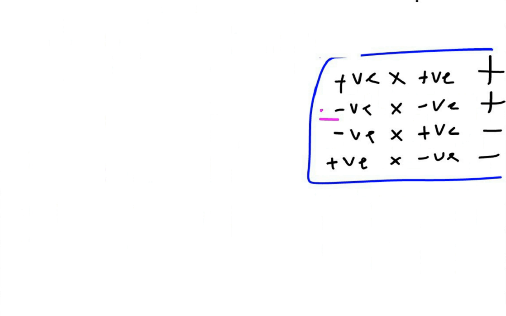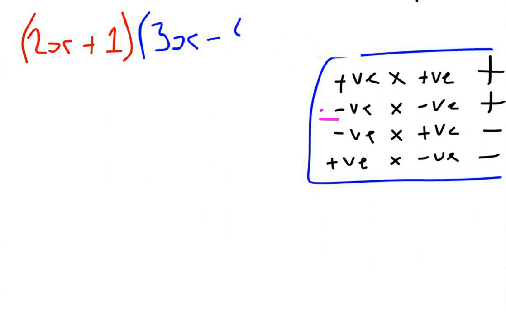So the final example I'm going to do on this video is in the first bracket we have 2x plus 1. In our second bracket we have 3x minus 4. In all the previous examples we've done, the coefficient of x, i.e. the number before it, 2 in that case, 3 in that case, the coefficient has been 1, i.e. we haven't seen it.